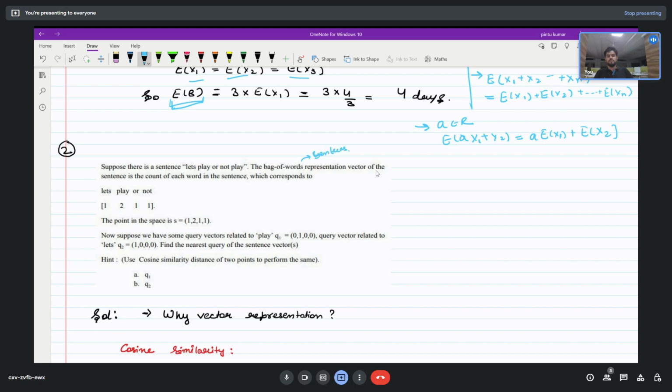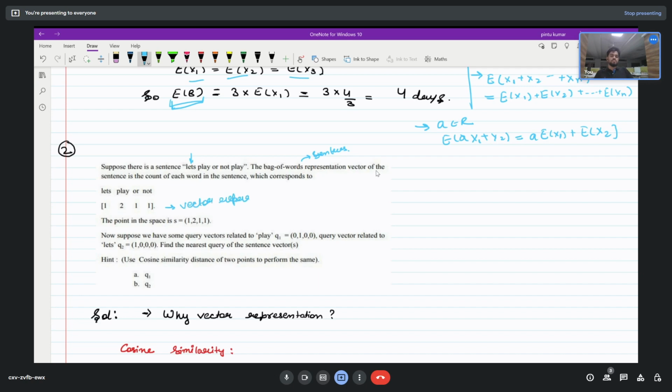What we do over here is list all the words that are present in the dictionary. Right now we are considering only one sentence, so we have just considered the words that have occurred. But you can imagine this as a very long sequence of words, where you list all the words present in the dictionary, and for whatever words appear in that sentence, you mark the number of times each word has occurred, and you get a vector representation for that sentence.